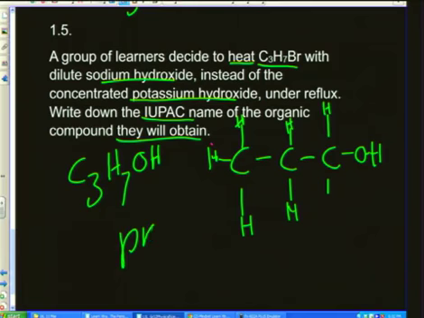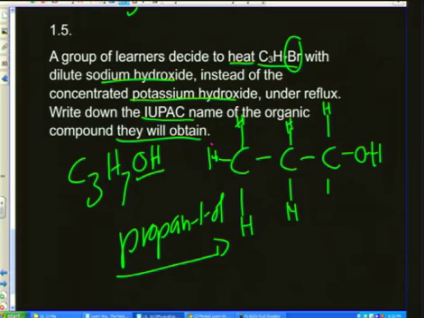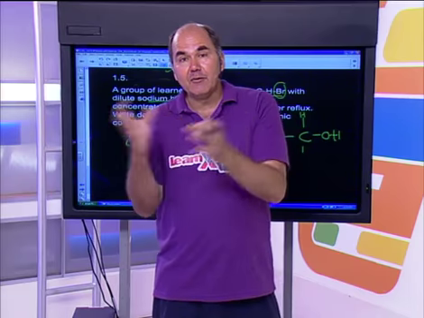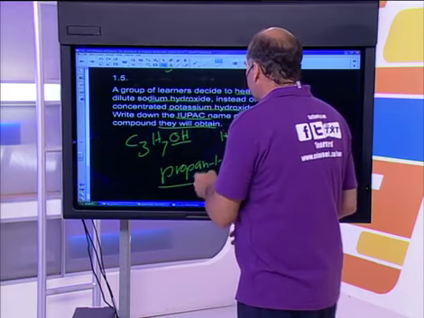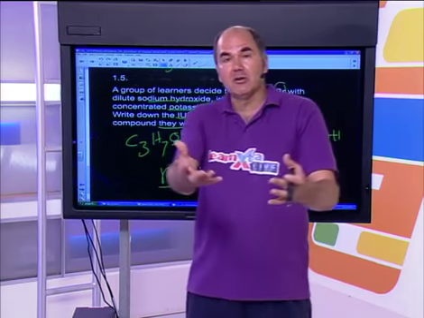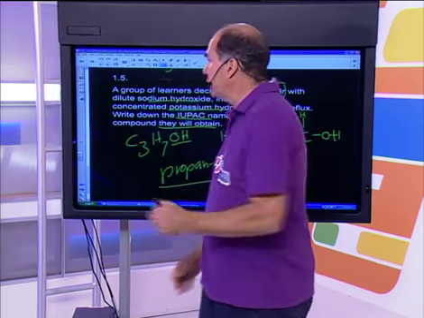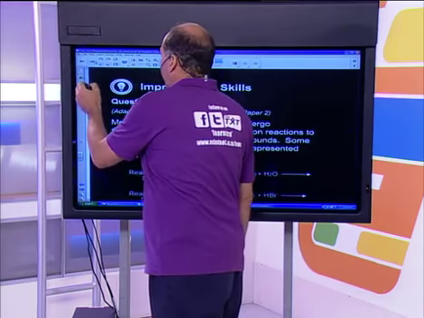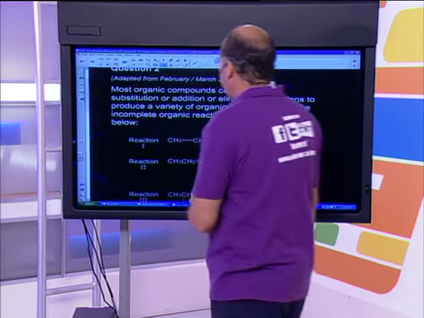It's propan-1-ol. The position of the OH obviously depends on the bromine, and if the bromine's in a different position, then it could become a secondary alcohol, meaning it's in the middle of the chain. Right, let's move on from there, and let's have a look at the next question.